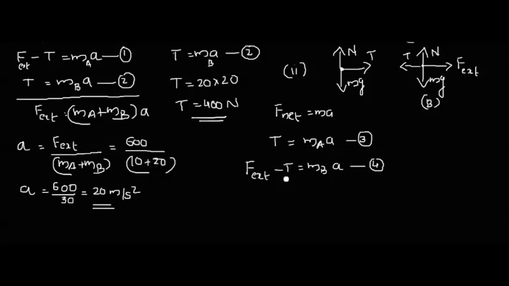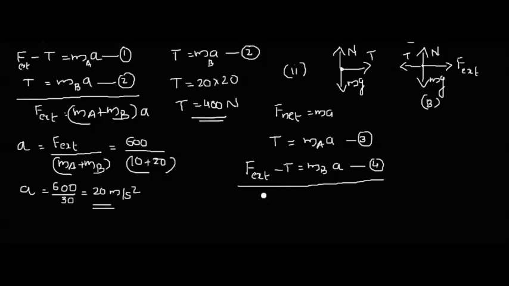And from this expression, to calculate the tension, I need to find out the acceleration, and the acceleration will be the same in both cases. Whether we are applying the force on block A or on block B, the acceleration of the system will be the same. If you have any doubt, you can check it from equation number 3 and 4.